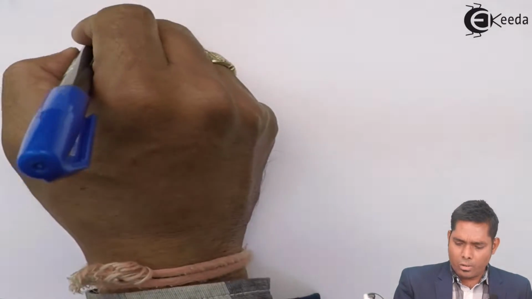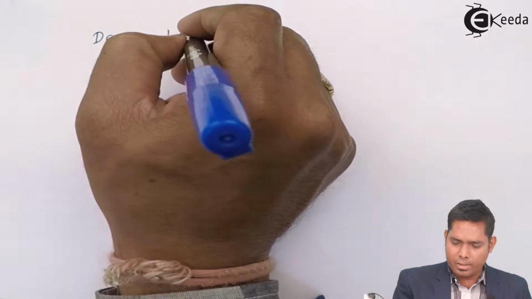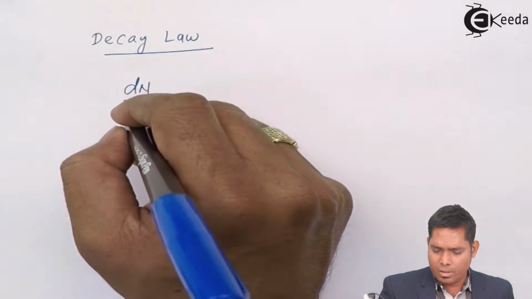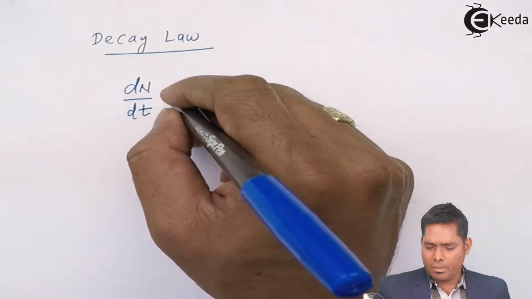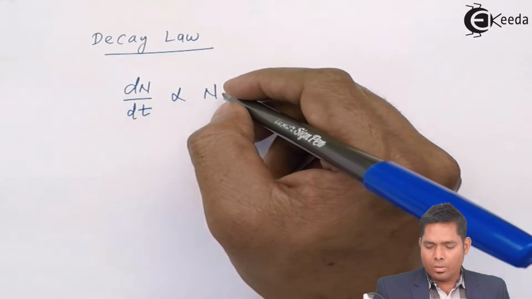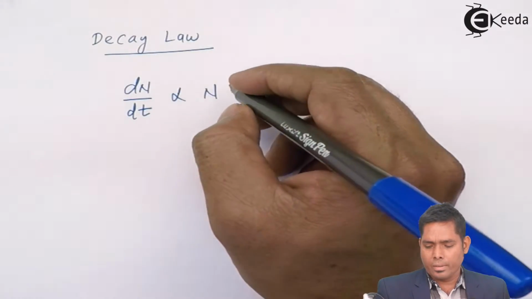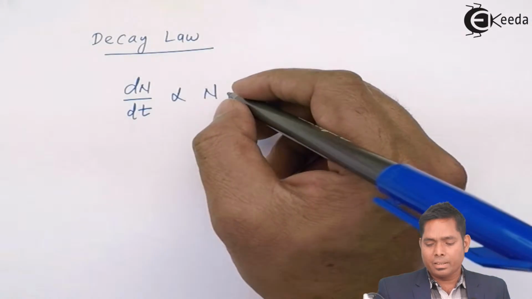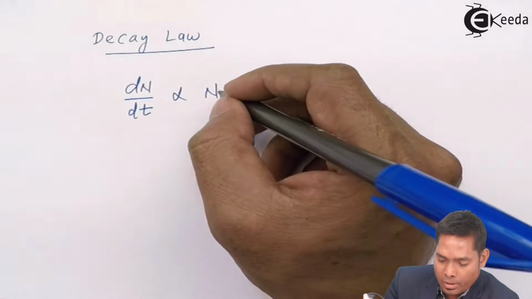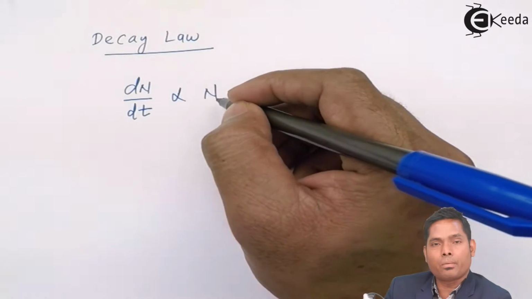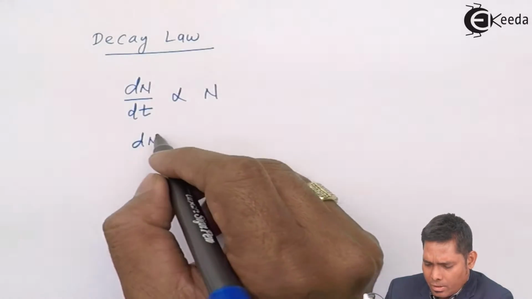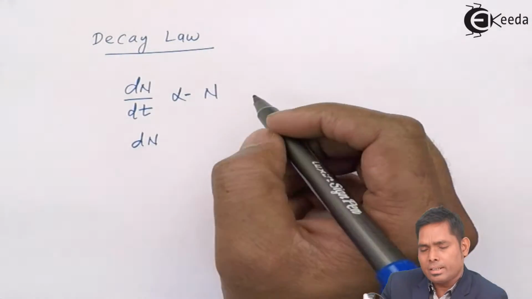According to the decay law, the rate of disintegration is directly proportional to the number of nuclei present at that instant. Decay is obviously with a negative sign, which means it is decaying.